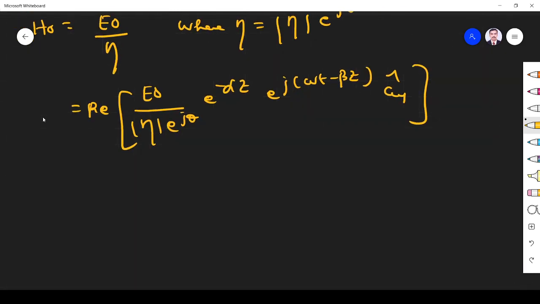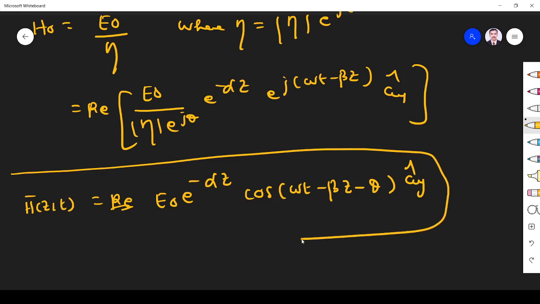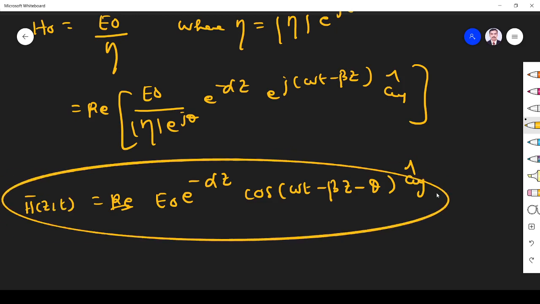So the real part, E naught e power minus alpha z, and e power j theta goes to e power minus j theta. So the real part is cos omega t minus beta z minus theta. That is H z of t. This is very important, the final equation for the magnetic field.